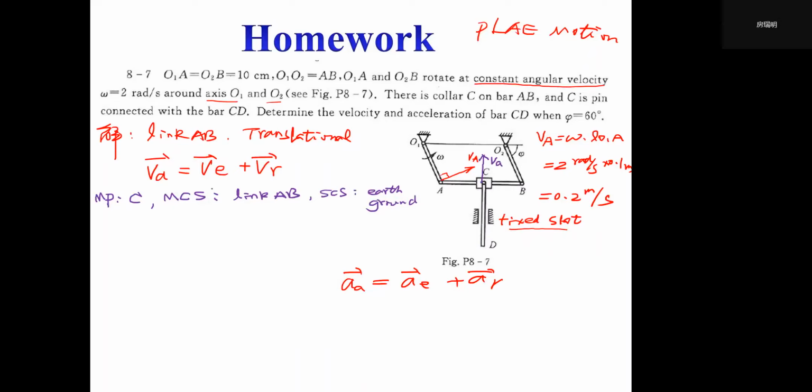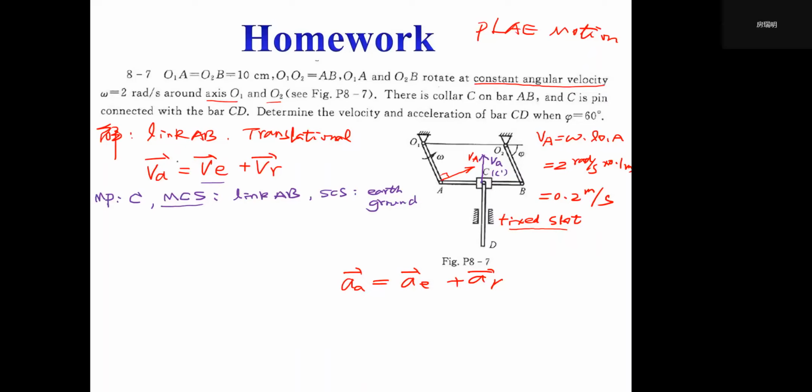And what is VE? We call that the transport velocity. I always tell you guys, we should think that at this moment there is C prime, which has the same position as moving point C, but this C prime is a point on link AB. Why? Because link AB is our moving coordinate system.